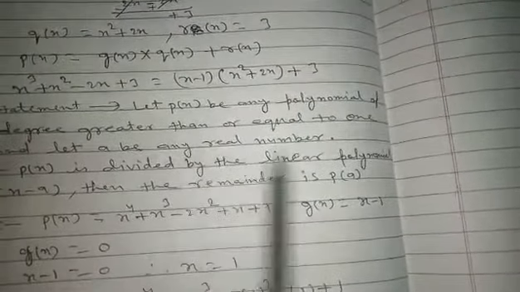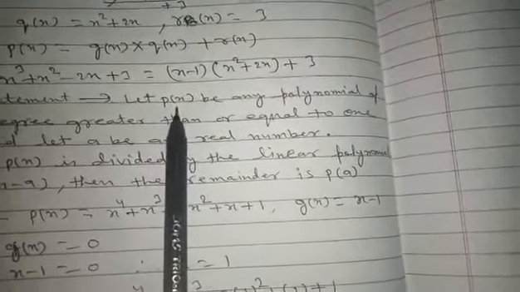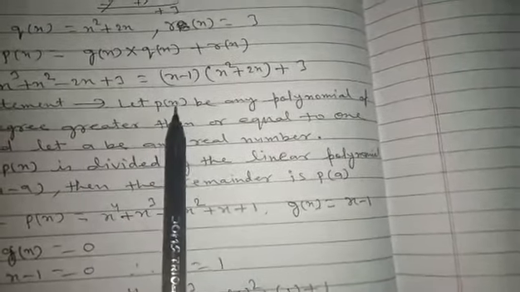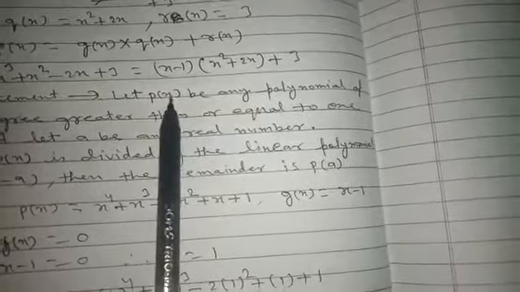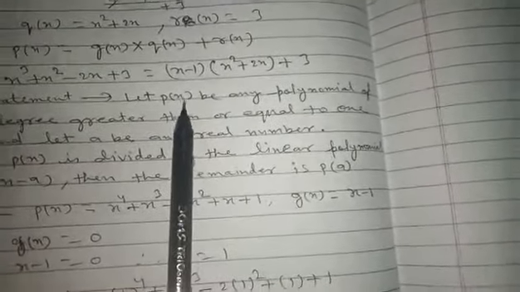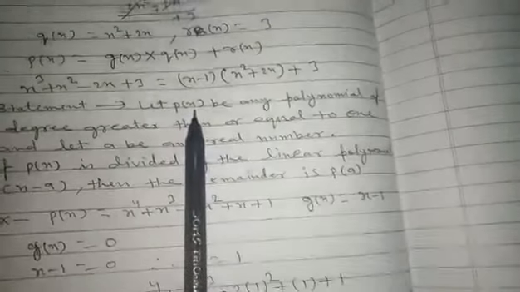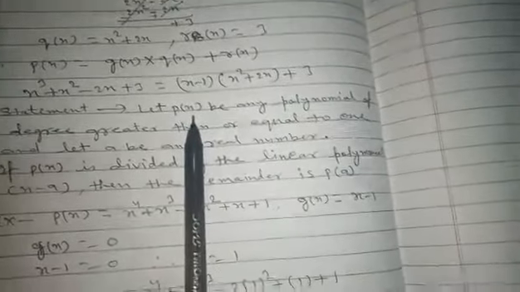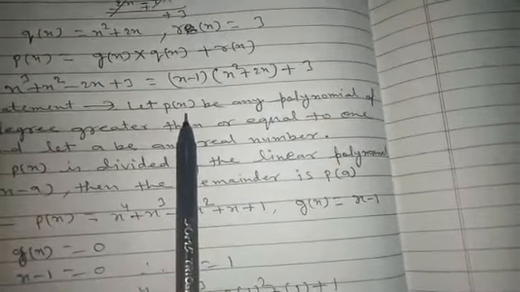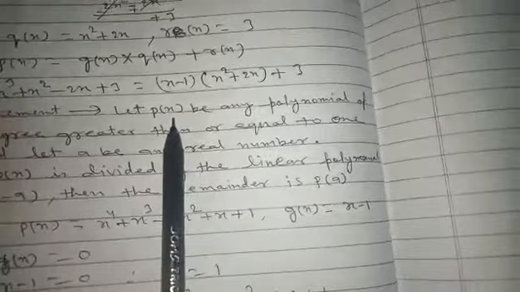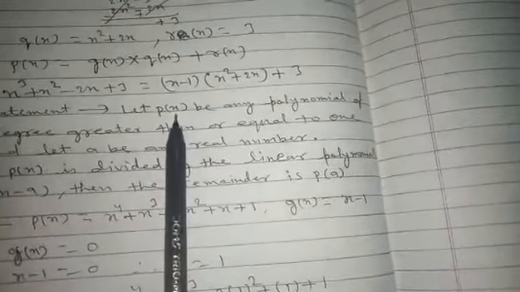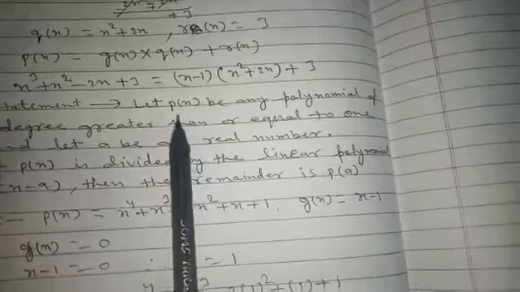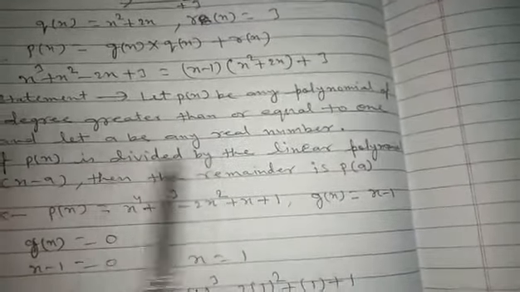P(x) is any polynomial, but one condition is given: its degree is greater than or equal to 1. It means the polynomial may be linear, quadratic, cubic, biquadratic, but a minimum of a linear polynomial is required.